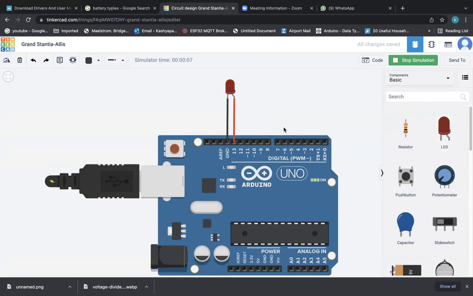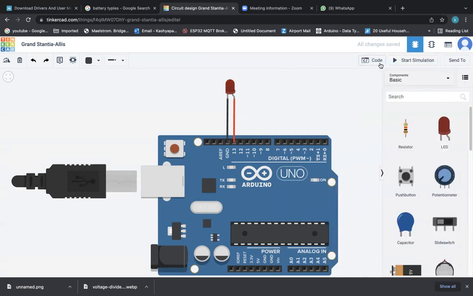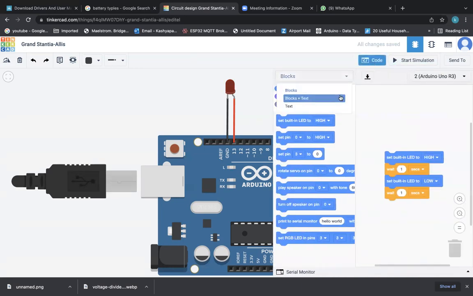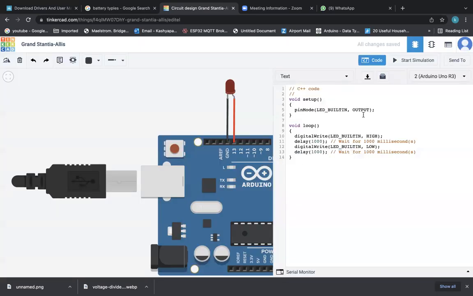Can you see that? I'm using the same code that we used to use, the blinking, the first ever code. So the light is blinking.